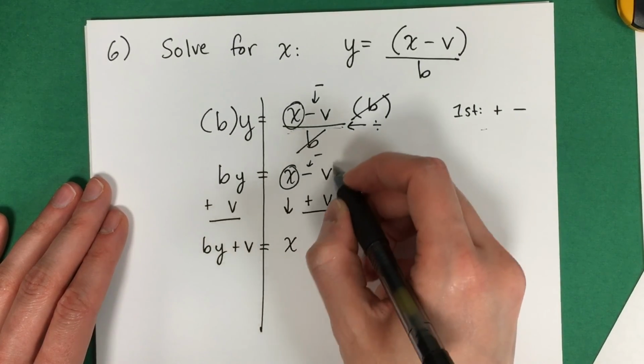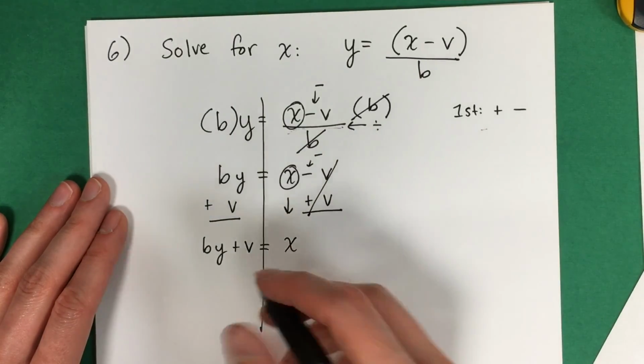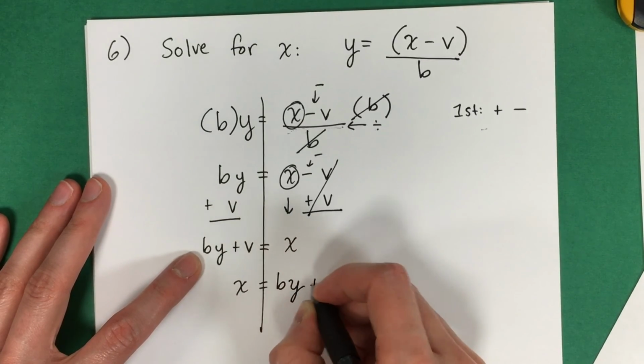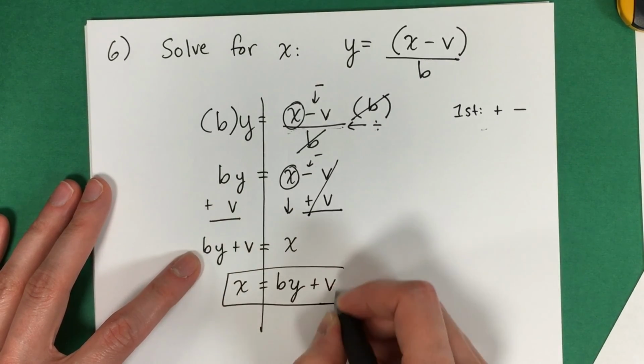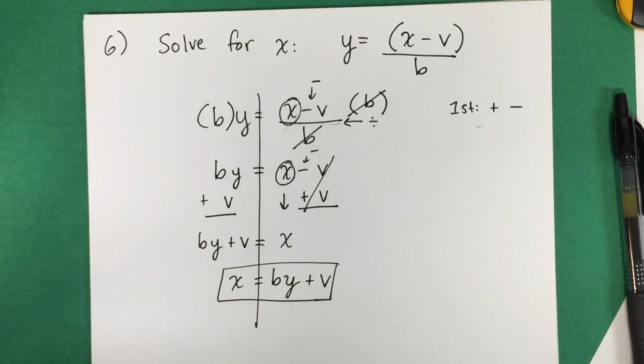Negative v plus v cancels, it's 0, and we will need to switch. X equals, copy by plus v. There it is. There's your answer.